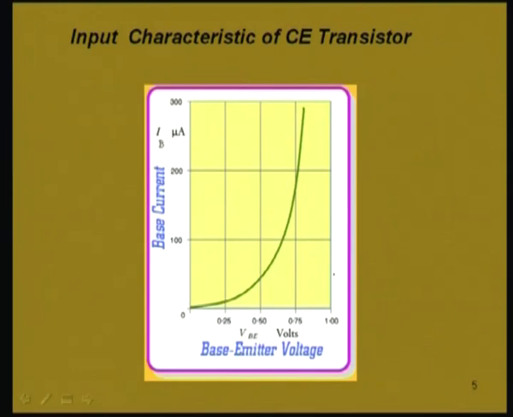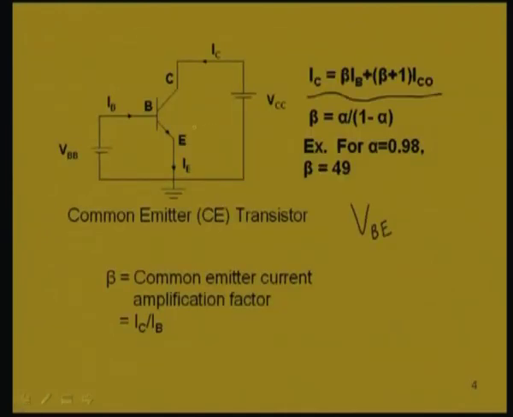Here, if we look into this circuit, the voltage across this forward biased junction, if we go on increasing it, the base current will increase following the typical characteristic of the diode, because the emitter base junction of the transistor is nothing but a PN diode in the forward bias region.